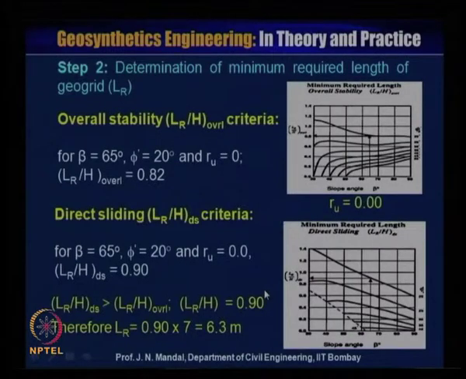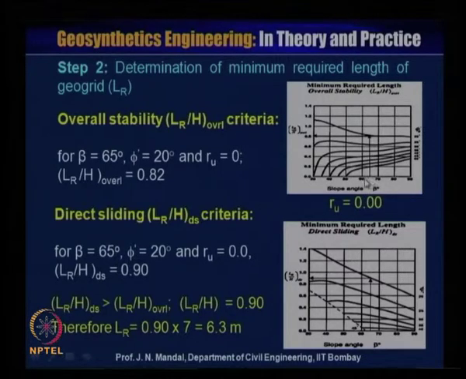Next, step 2, determination of minimum required length of the geogrid LR, that is due to overall stability, that is LR by H overall stability criteria. So, this is the design chart in which you can calculate the minimum required length for overall stability, that means LR by H overall, and this is the slope angle, and this is the phi value.